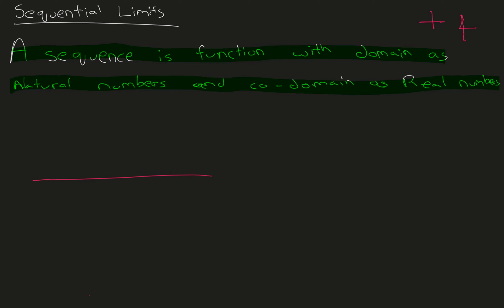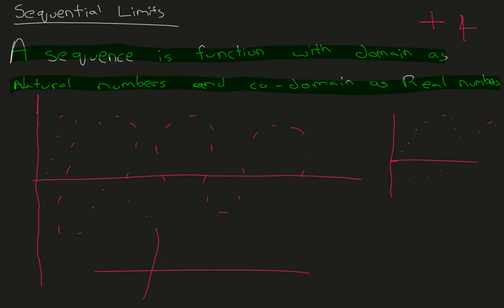I want you guys to note that a sequence can be any numbers. For example, these random digits are a sequence of numbers. Another one is this, and this is a sequence. And so is this.